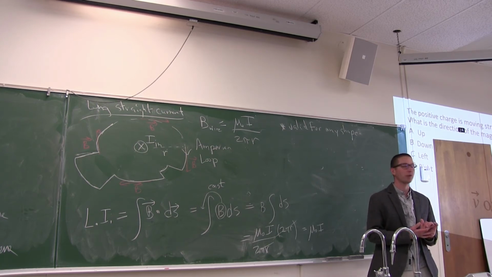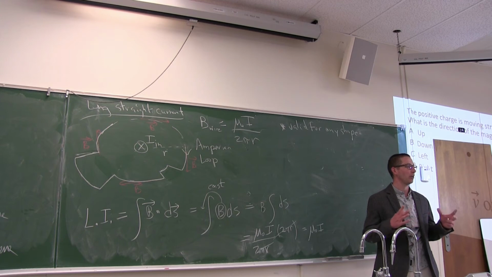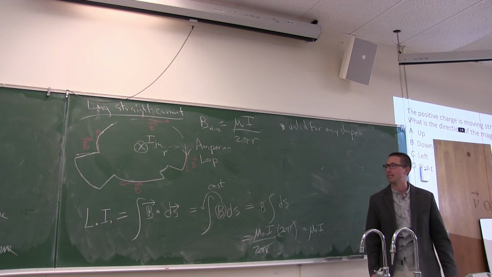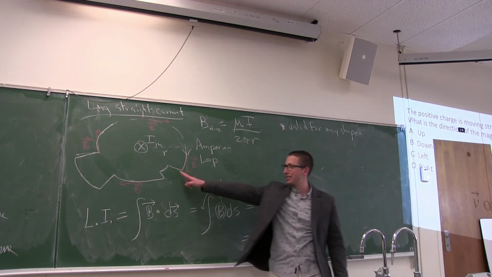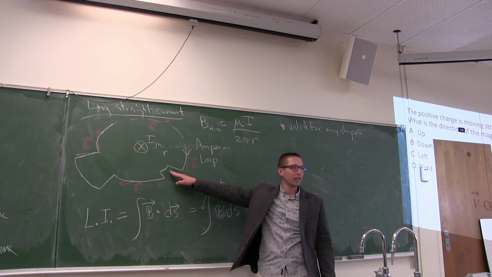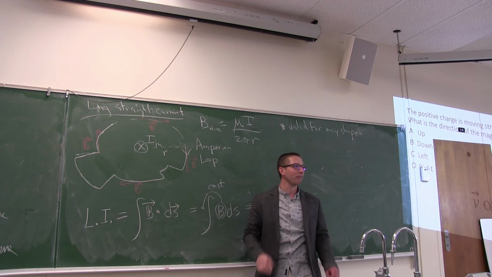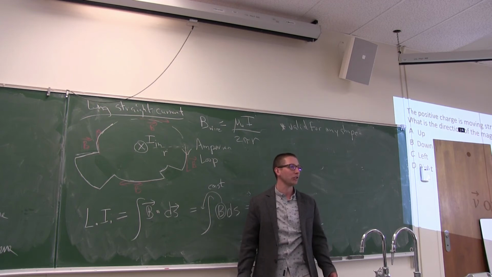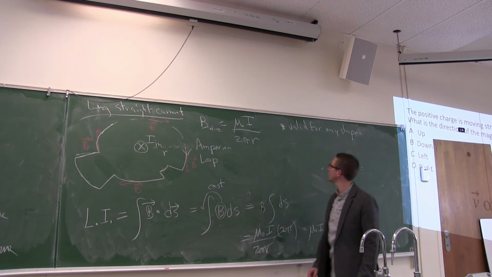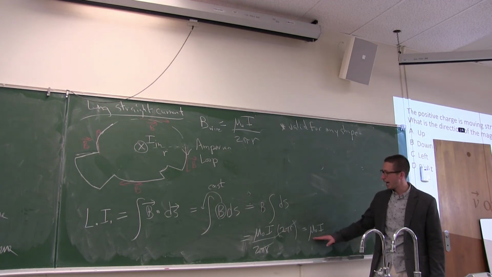You'd have to break the line integral around the loop into a piecewise integral, and you have a bunch of different pieces, and you add the pieces up. What I'm saying is these pieces actually equal 0, and it's those curved pieces which give you anything. But the important result that we get from this is, regardless of what the shape is, as long as the path is closed, I get mu naught I.